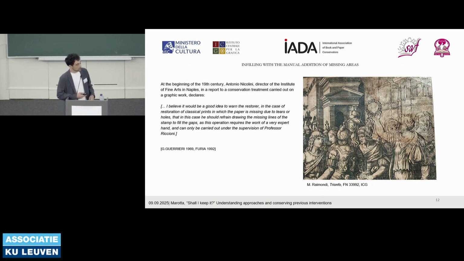We have some information from Antonio Nicolini commenting in a critical way on an intervention made at the Institute of Fine Arts in Naples, where he mentioned, I believe that restorers should refrain from adding missing lines, but only because this is something for very expert hands and should be done under the supervision of Professor Riccioni in this case. So it's interesting to see that this was still common.